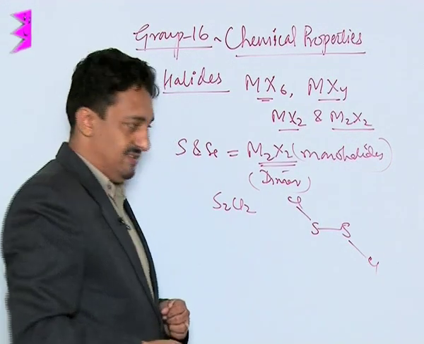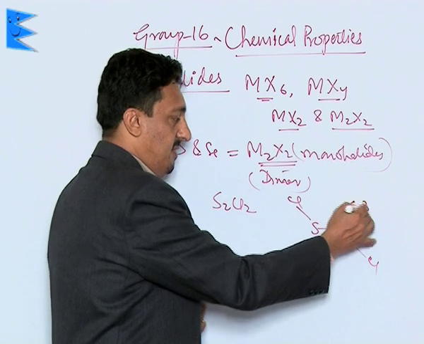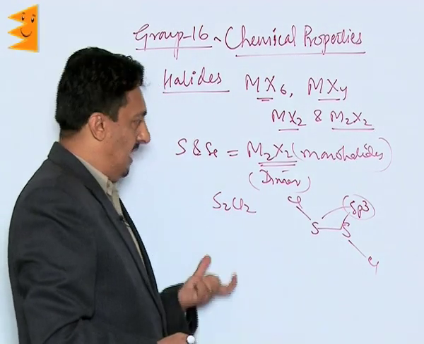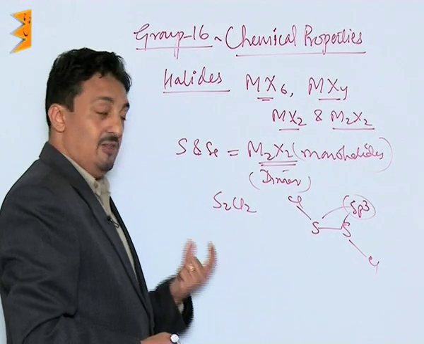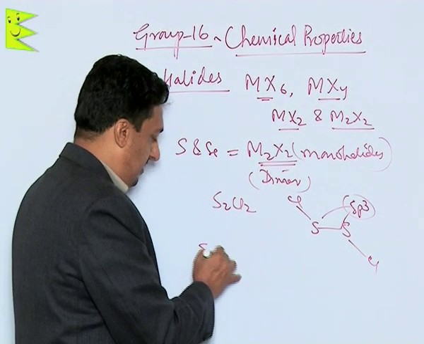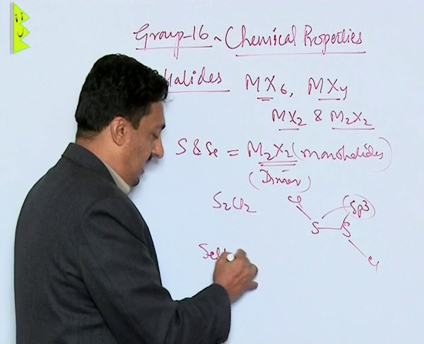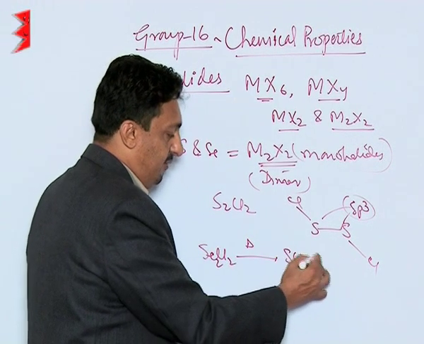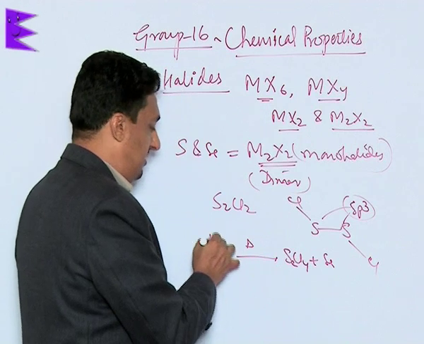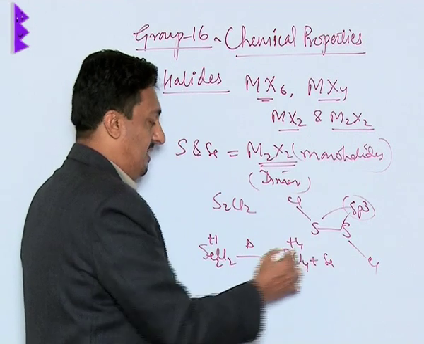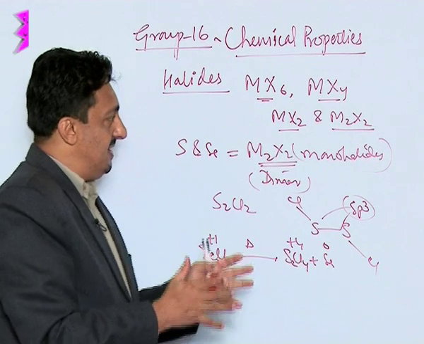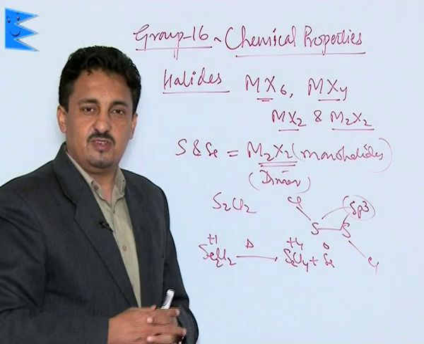So it's almost just like this, with both sulfurs sp3 hybridized. So it's sulfur monochloride. Now these monohalides are not stable. Let me talk about selenium monochloride. When heated, it immediately changes to SeCl4 plus Se. So it shows a disproportionation reaction and gets oxidized to +4 and reduced to 0. So these are the natures of the halides of group 16 elements.